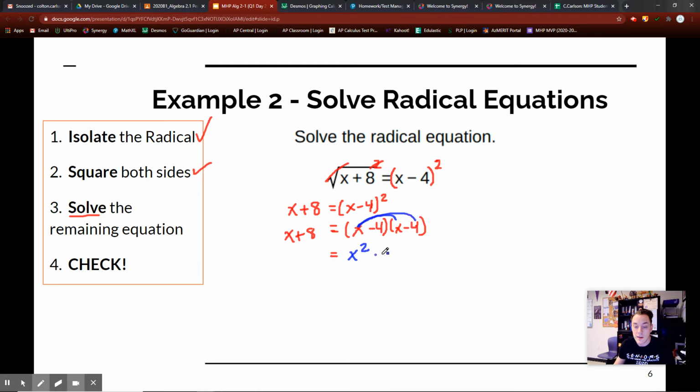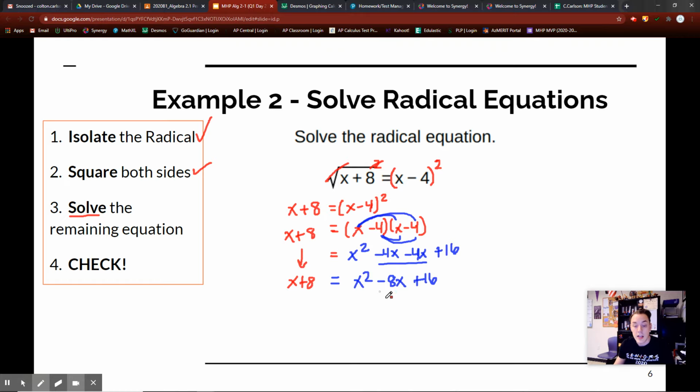This is x times negative 4, so negative 4x, negative 4x. And then right here is positive 16. So this actually simplifies down to x squared minus, when I add those up, 8x, and then plus 16. Now on the other side, what I have is x plus 8, because that just hasn't changed at all.